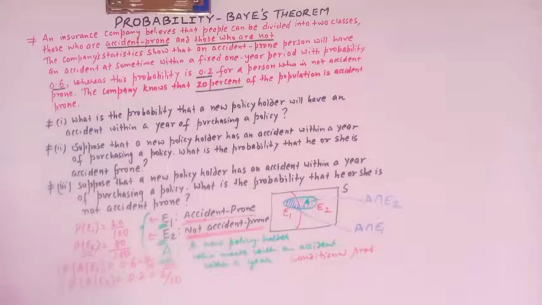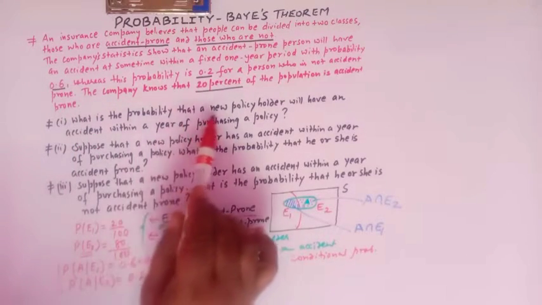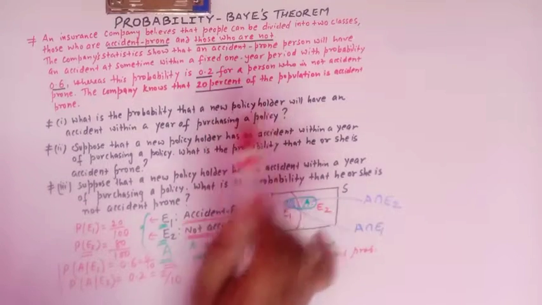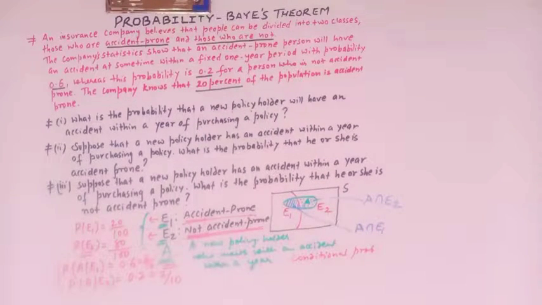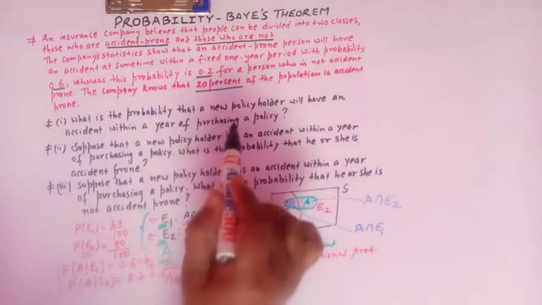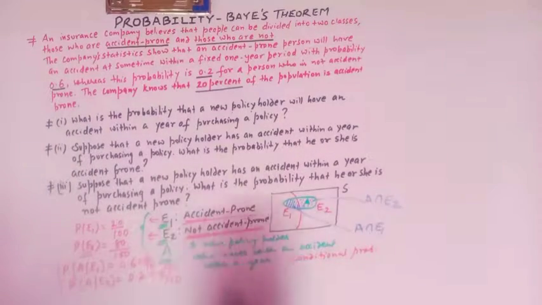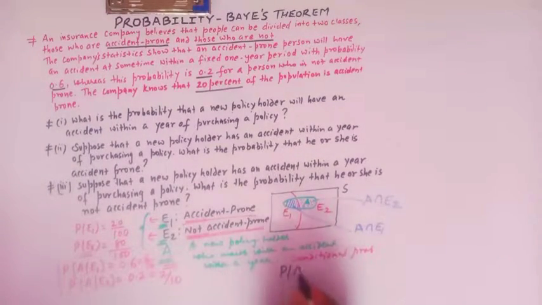The first problem asks: what is the probability that a new policy holder will have an accident within a year of purchasing a policy? It means we have to find P(A).